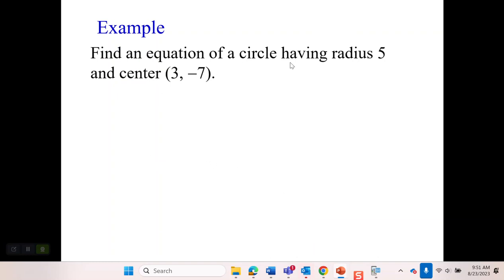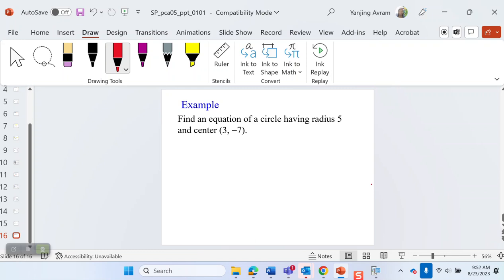All right, so how do I find the equation for the circle that has a radius of 5 and the center at (3, -7)? You can make a draft if you want. (3, -7) is in the fourth quadrant, so maybe somewhere right here.